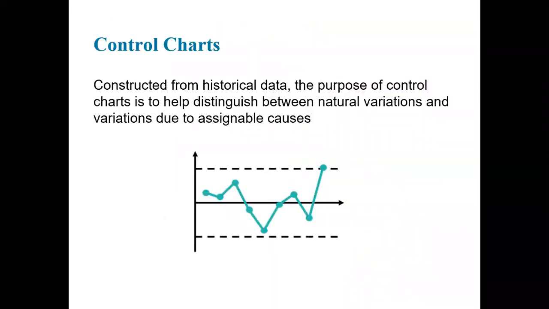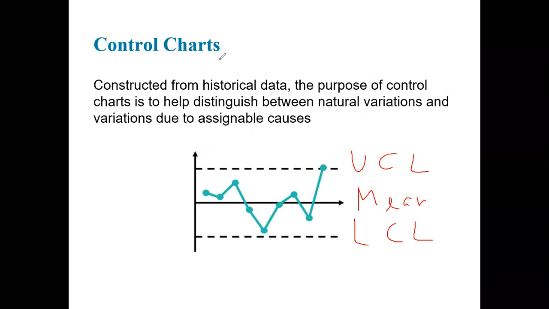So when we're building a control chart, this is what we typically want to have on our control chart. We're going to have what's called your, let me bring my pencil out again, your upper control limit and your lower control limit. And you're going to have the mean or average to your data, okay?